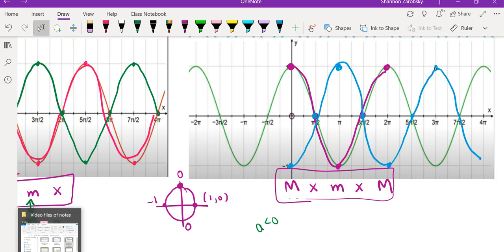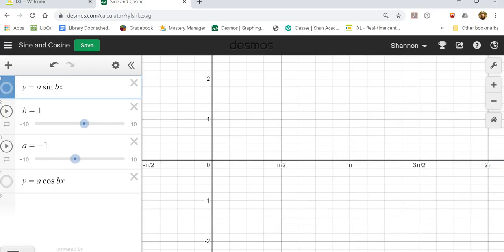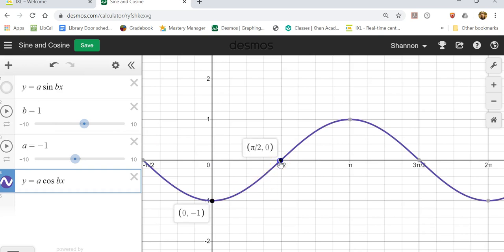Okay, so we can illustrate that in Desmos. If I have my cosine function, notice here is cosine with a negative a value and a positive b. So here is my -1, my 0, my 1, my 0, and my -1. So we start at a minimum for one period, okay?